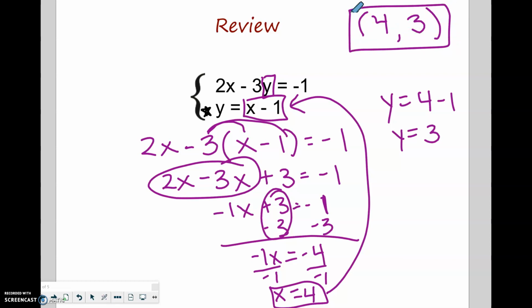Remember, that means that if I graph these lines, they would intersect at 4, 3. And that point, where x is 4 and y is 3, is where it would work in each of these equations. So if I put 4 in for x and 3 in here, it would be equal to negative 1. And if I put 4 in here, 4 minus 1, see how it equals the 3. So that's what we've done so far.